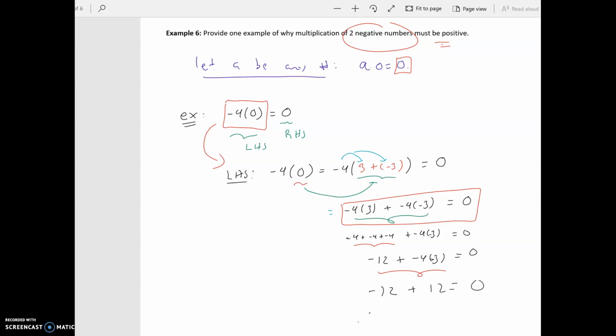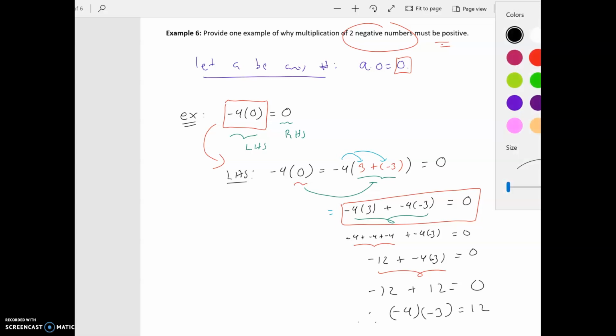So the only conclusion that we can come up with in this equation is that -4 times -3 has to be equal to a positive 12.